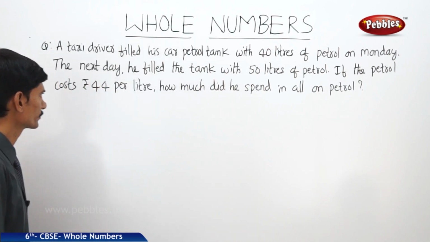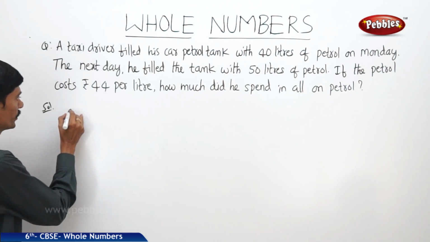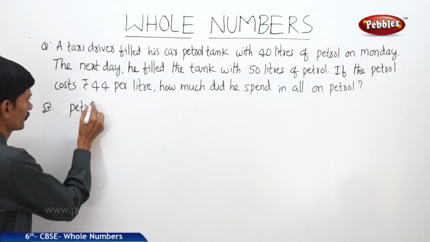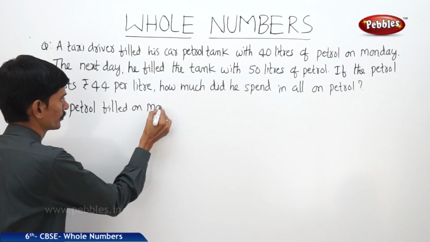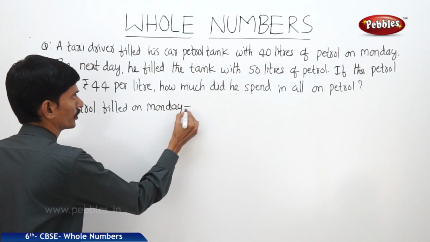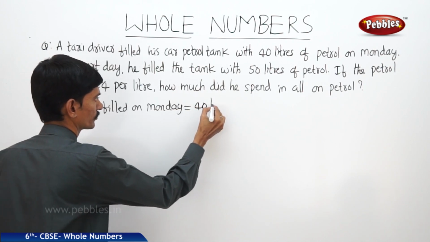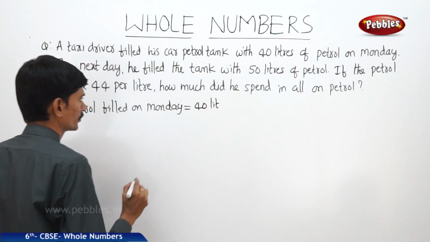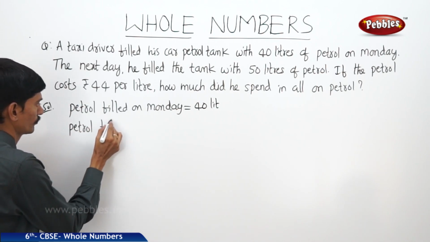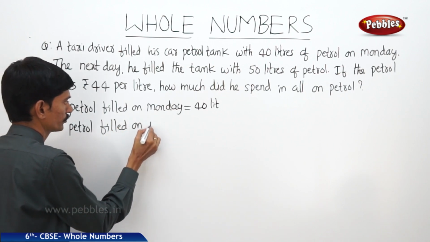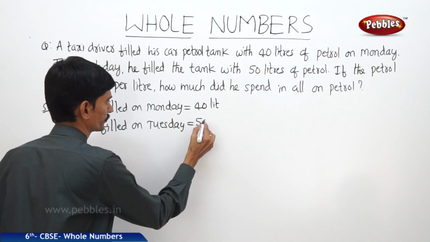So first let us find the petrol filled on Monday equals 40 liters, and petrol filled on Tuesday equals 50 liters.